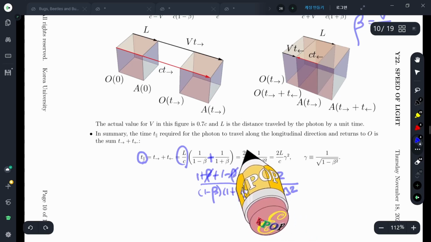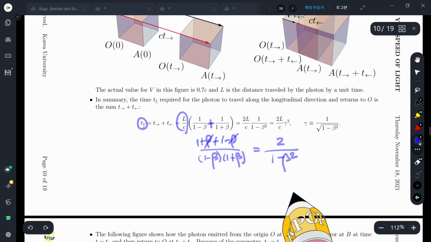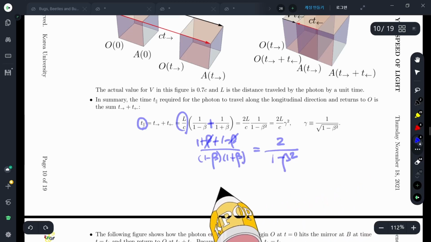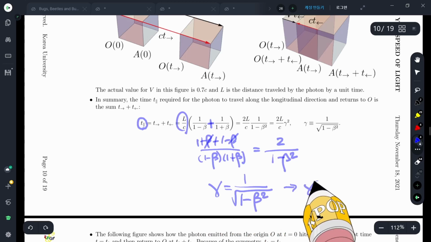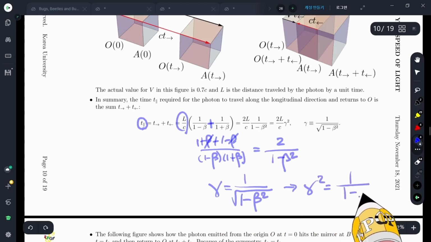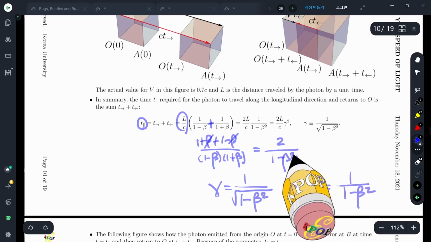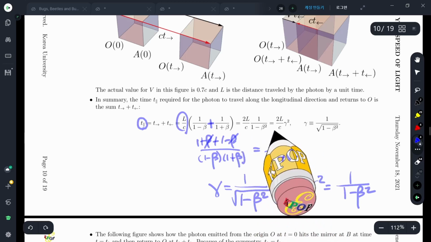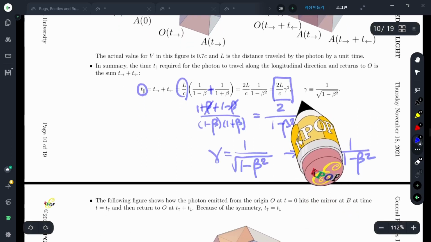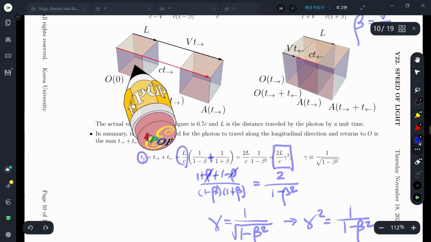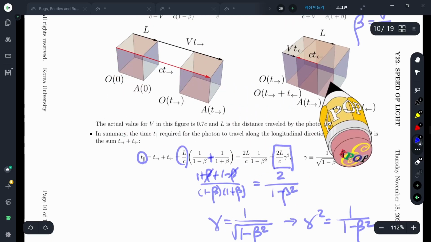The factor of 2 is the round trip motion, and if we define 1 over the square root of 1 minus beta squared as gamma, then we get gamma squared. So we end up with the round trip time necessary for returning to the original point for the longitudinal motion.